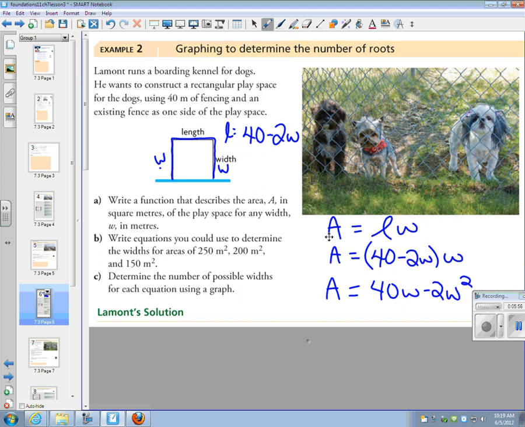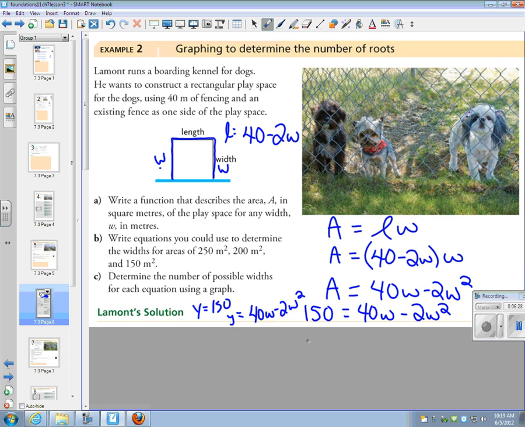So now it says write equations you could use to determine the widths for the areas at 250, 200, and 150. And I'm going to start with 150. So I could write this as 150 equals 40W minus 2W squared. To solve this, I could graph y equals 150 and y equals 40W minus 2W squared, and look at their intersection.